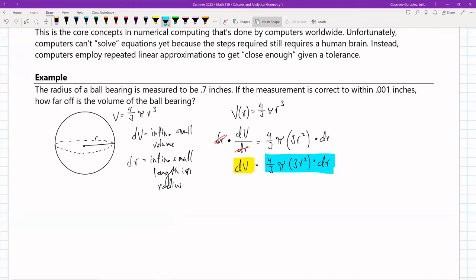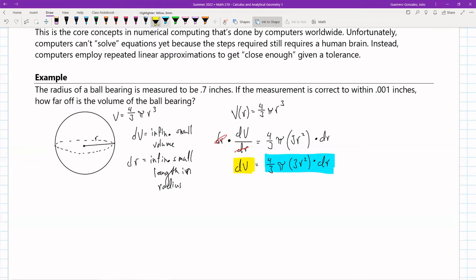So we are able to find how far off our volume is completely from how far off our radius is. At this point, we're basically done. It's plug and chug.